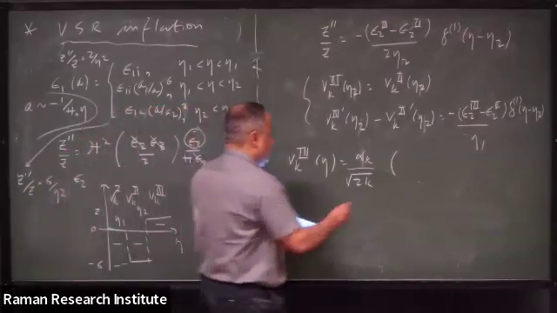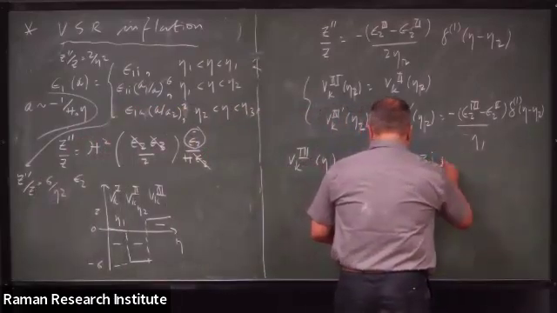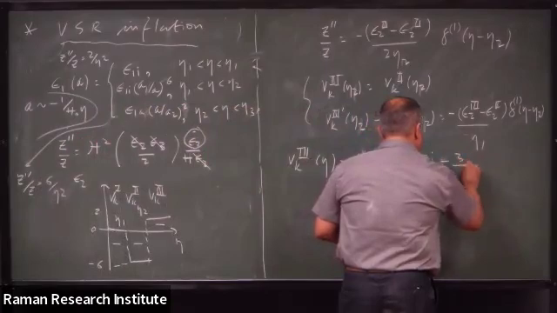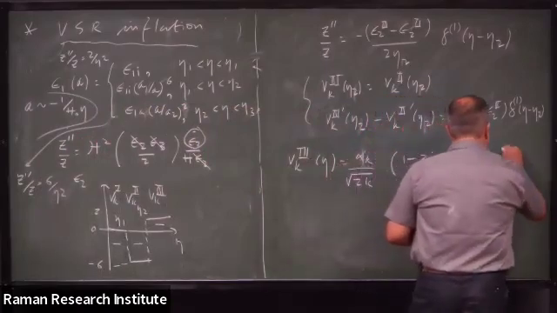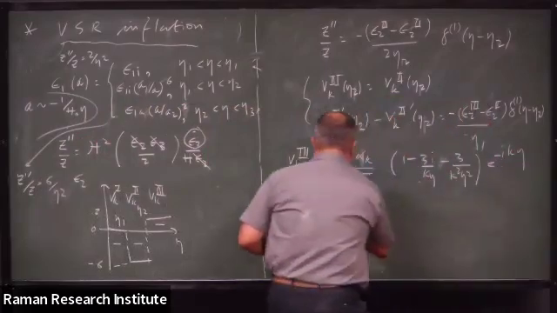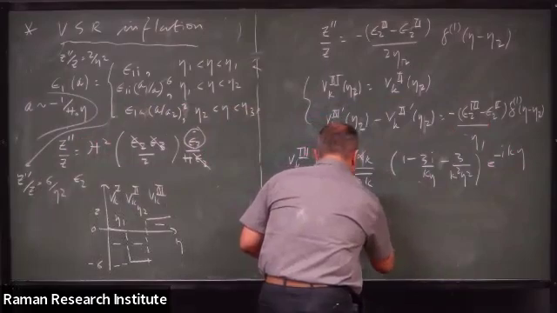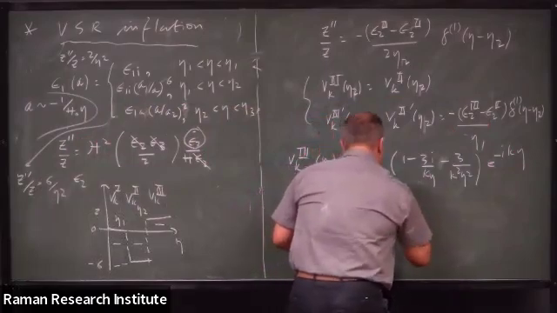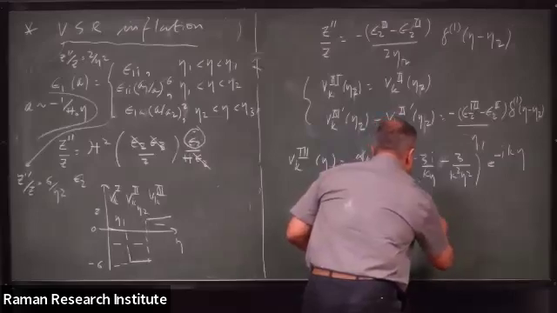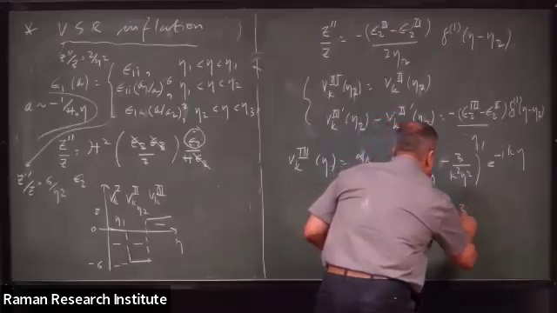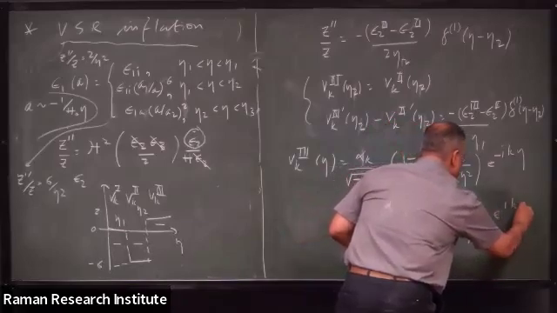Right, it is of this form: eta plus beta k by root 2k, times 1 plus 3 by k eta minus 3 by k square eta square, e power plus ik eta.